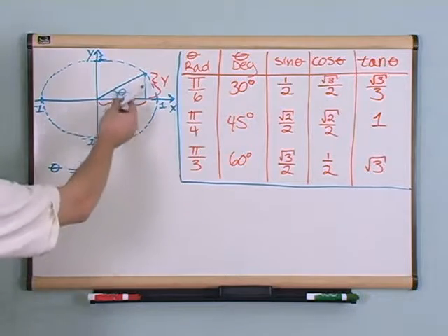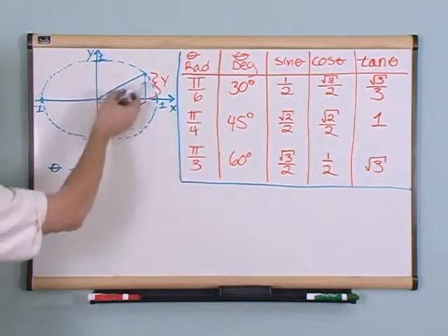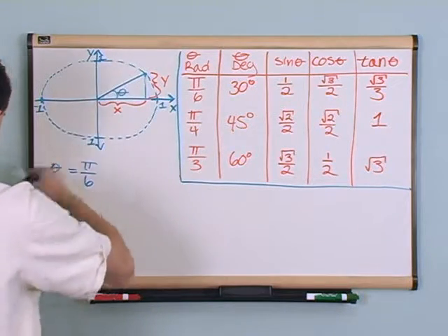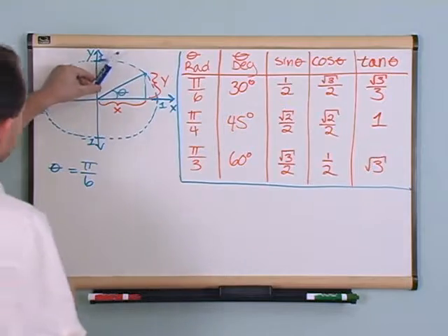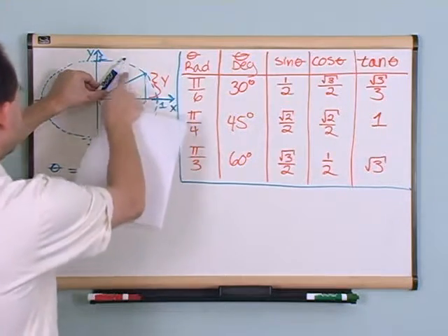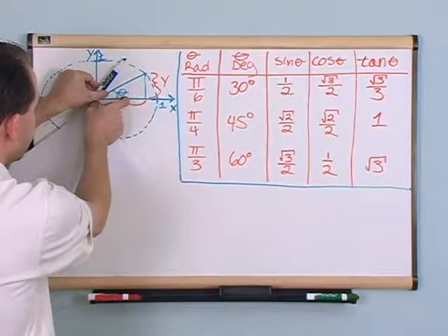So you can mentally take this triangle and move the line, and the angle would get bigger or smaller. As you move along the unit circle, for instance if you move to here, the y component would be much more than it is here, and the x component would be smaller.